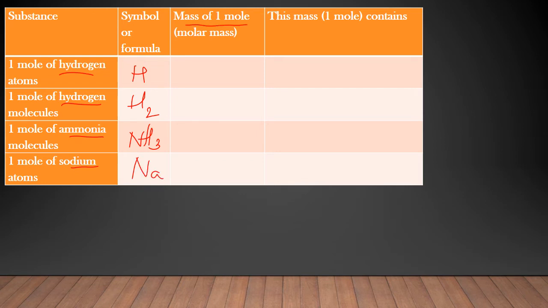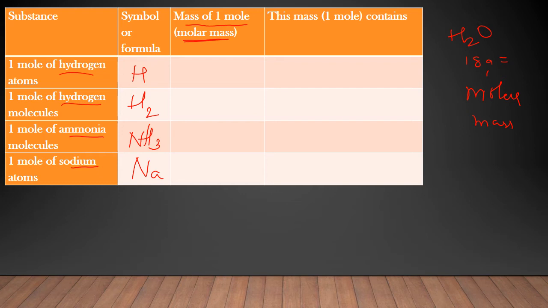Mass of 1 mole or mass of one molecule is referred to as molar mass. So whatever we have calculated previously, water we calculated, it was 18 grams. That is nothing but the molecular mass of water, which is also called molar mass. So molar mass and molecular mass can be used interchangeably.